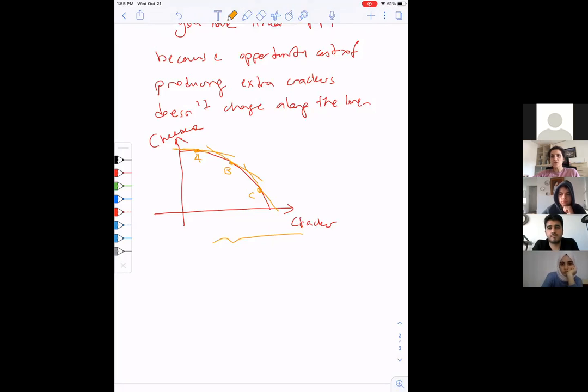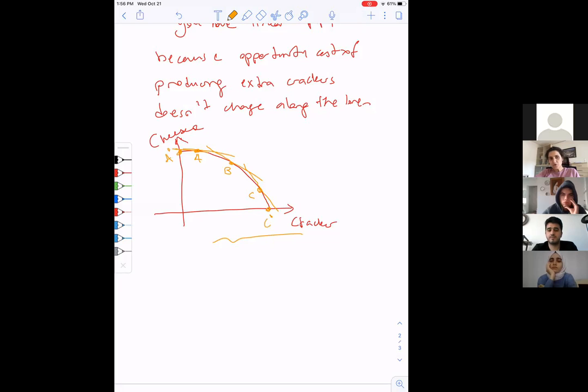So this country has a limited amount of resources. This country can either produce cheese or cracker. At these points, the country is using all of its resources. Let's say this is A prime, this is C prime.